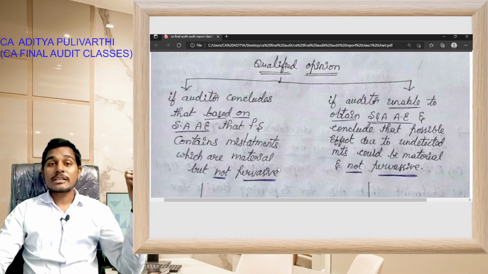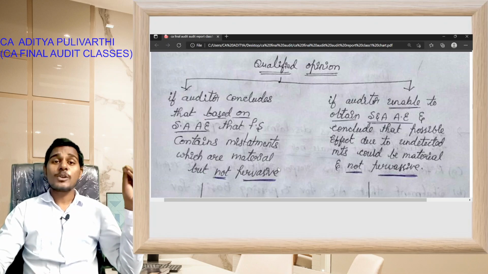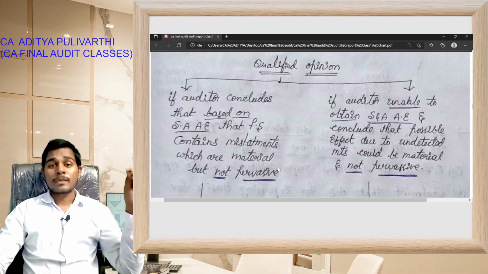So if the auditor is unable to obtain sufficient and appropriate audit evidence and concludes that the possible effect of undetected misstatements could be material but not pervasive, then the auditor will issue a qualified opinion.